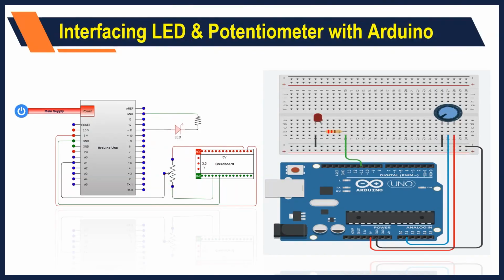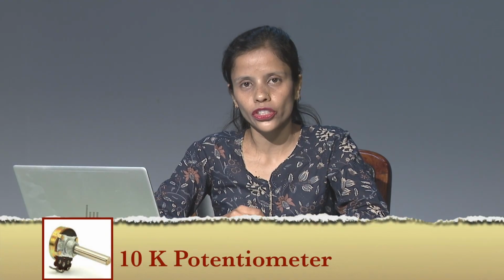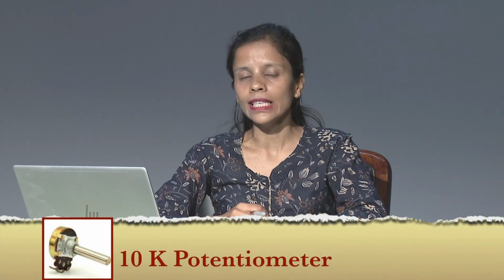And along with this, we can connect a potentiometer into your circuit depending upon what intensity changes you want to see in your LED. You can have different values of potentiometers. In today's experiment, I will be using a 10K potentiometer, whose range we will be dividing into 4 different parts to see changes in LED intensity levels.